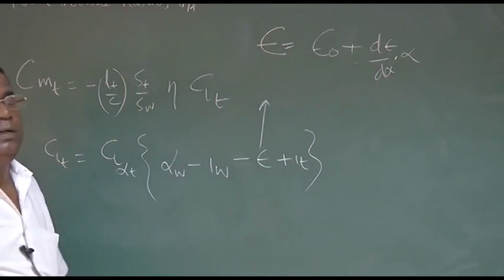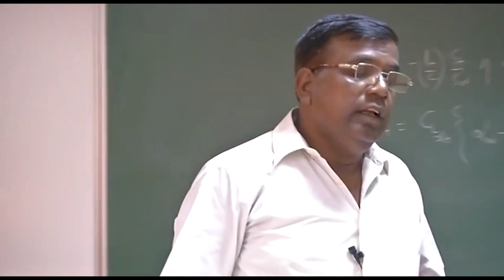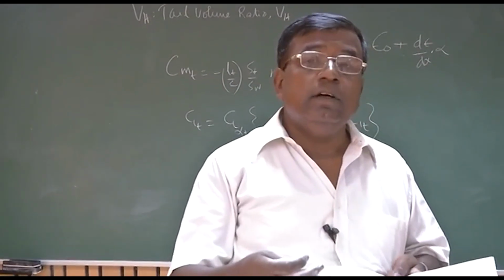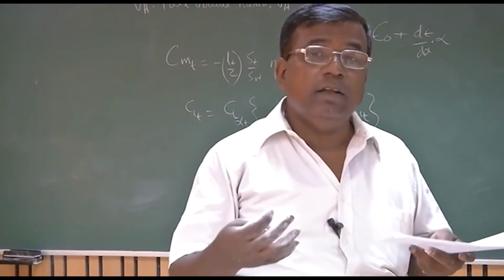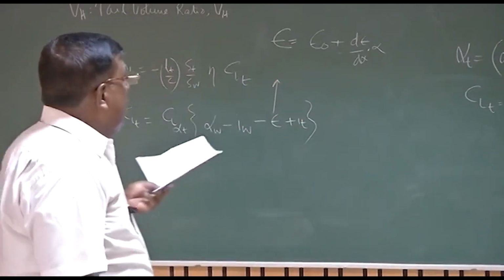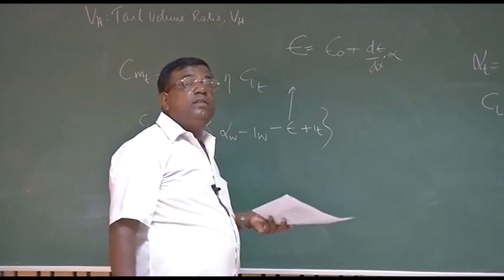What is epsilon naught? Even at alpha equal to 0, you can have a downwash. If my wing is cambered, then at alpha equal to 0 there is a lift, a CL naught, so there is a pressure difference that will also give a downwash. That is epsilon naught. If the wing is symmetric, the epsilon naught value will be 0.